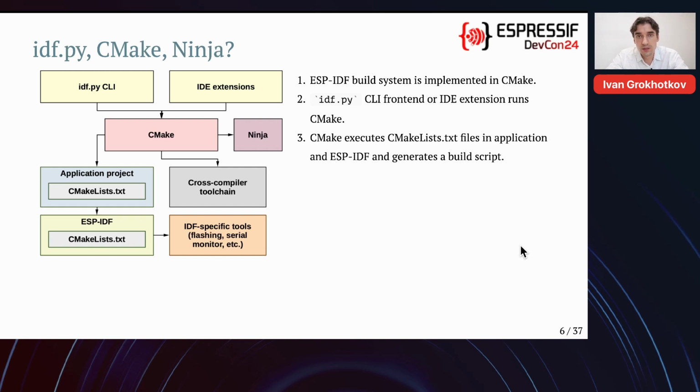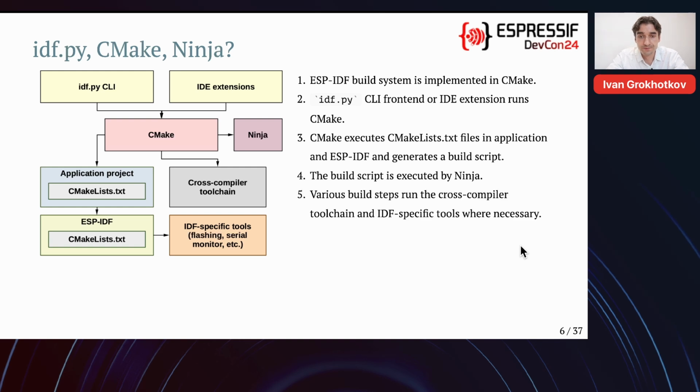Finally, CMake, based on all those CMakeLists files, generates the build script, and the build script is executed by another tool, typically by Ninja or by GNU Make. During this process, at various steps, the build system will call the cross compiler or some of the IDF specific tools. This happens quietly in the background.